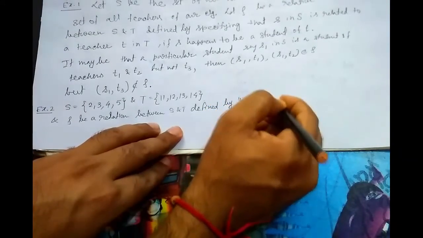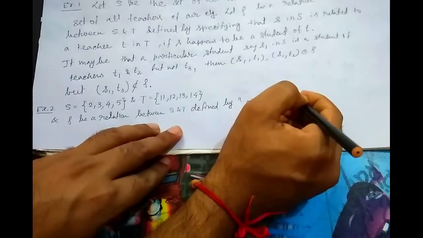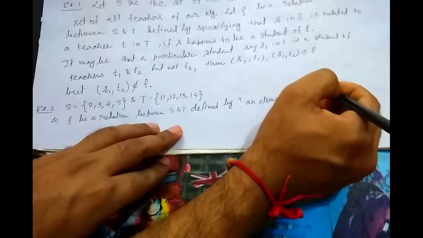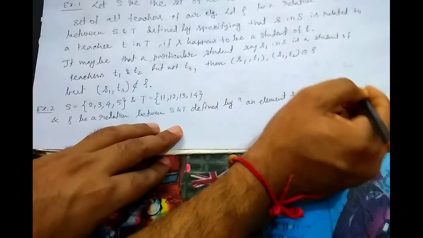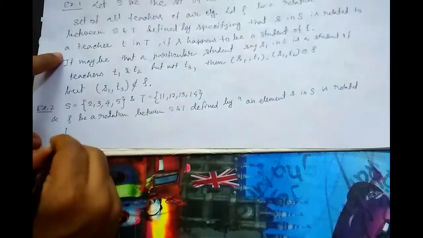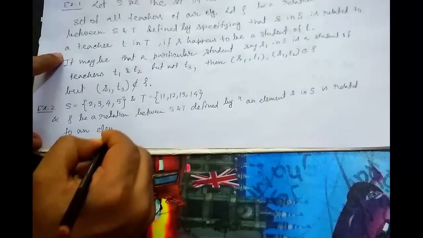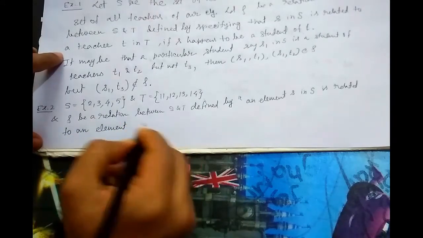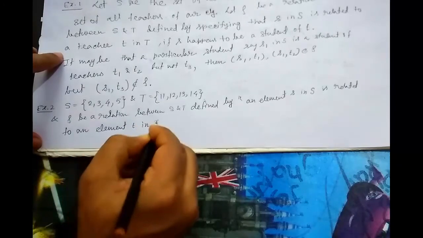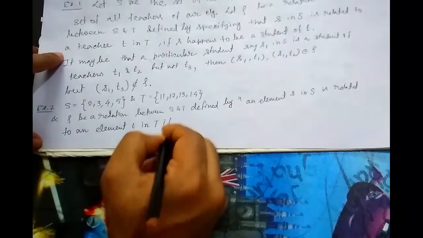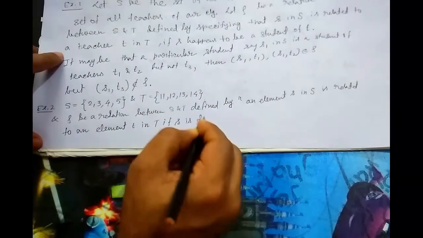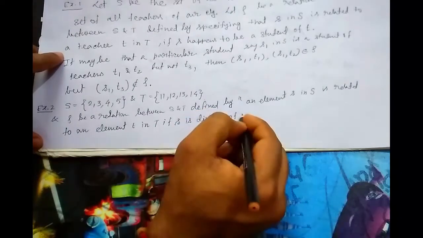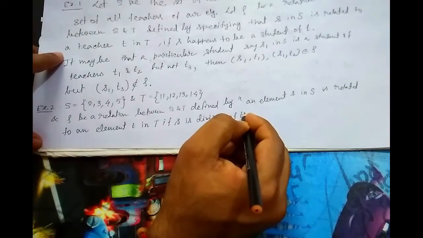an element s in capital S is related to an element t in capital T if s is a divisor of t.